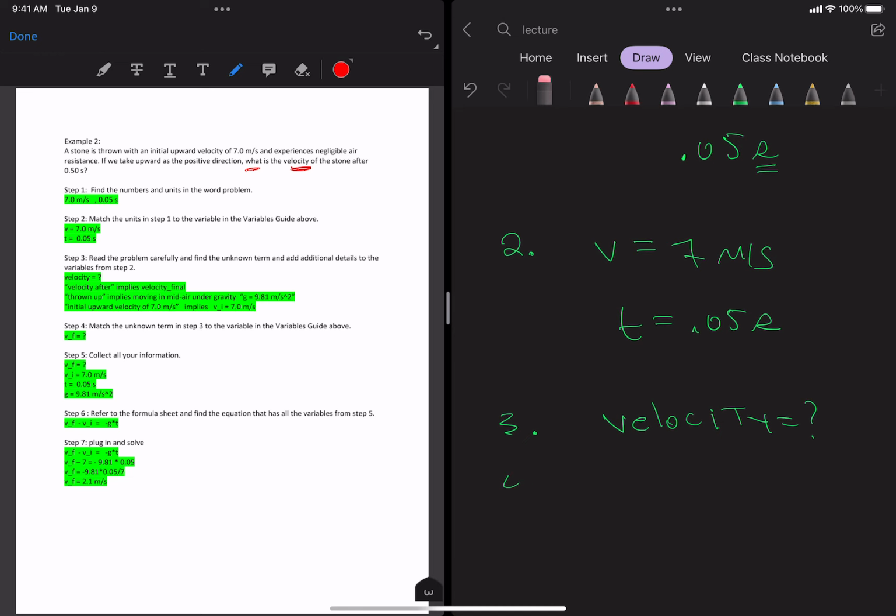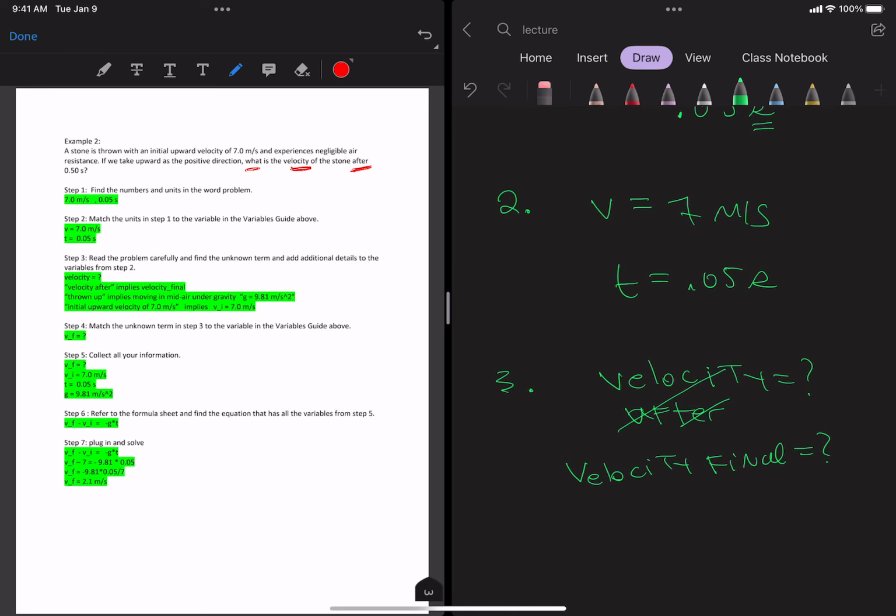It also says after, so we want the velocity after. And velocity after means the velocity final. That's what we want. So what we actually want is the velocity final.